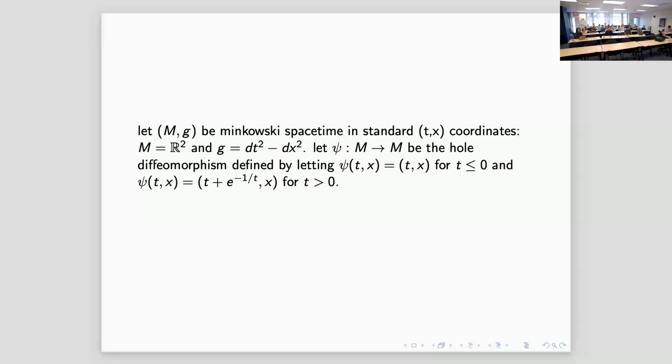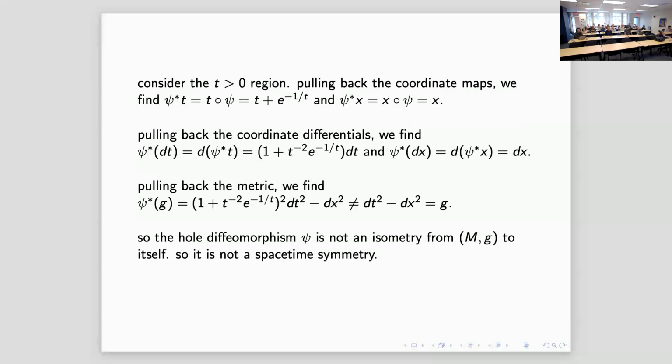And so now let's just pull back the metric using this hole diffeomorphism. So consider the non-trivial region. The first step is you're going to want to pull back your coordinate maps. So we do that here. Then we want to pull back the coordinate differentials. We use this fact to show that middle line. And then once we have that, we use that to pull back the metric itself.